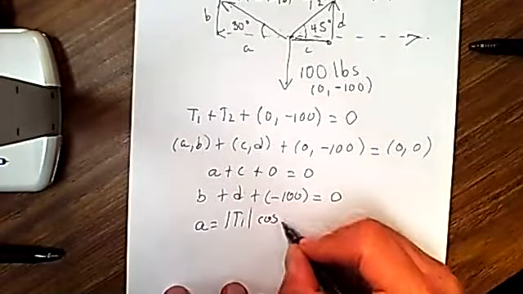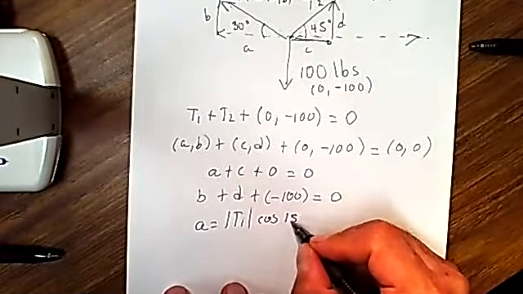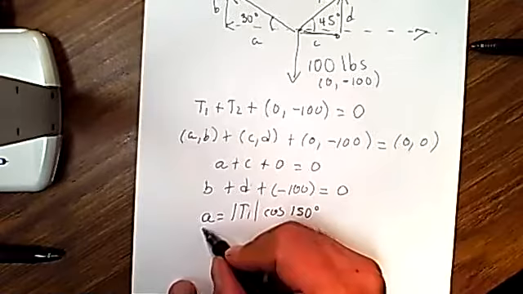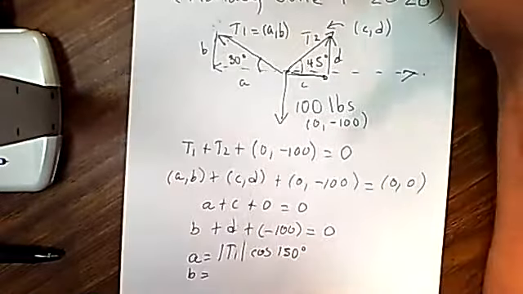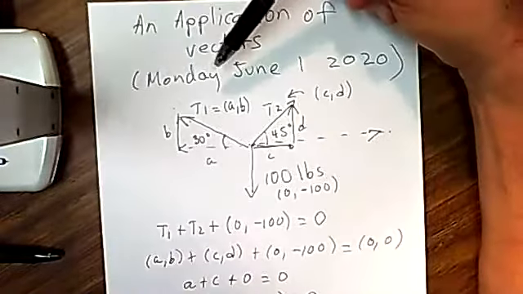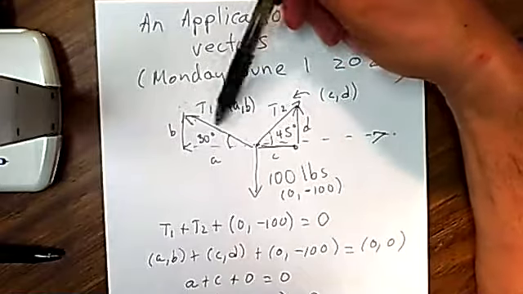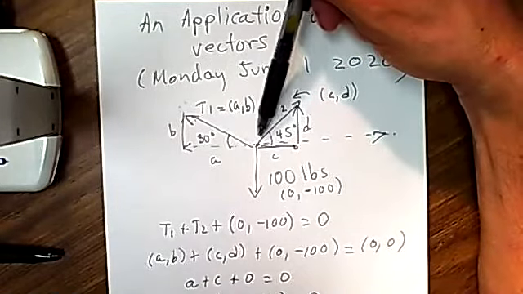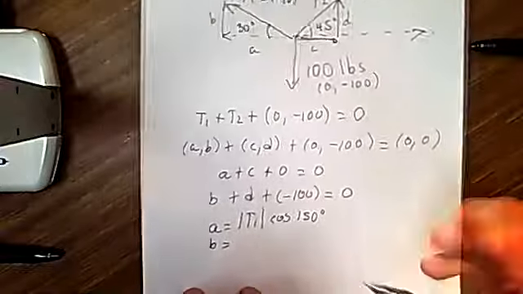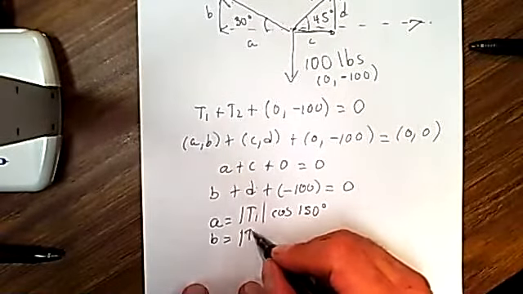So cosine 150 degrees. B will be the magnitude of T1 times the sine of 150 degrees.